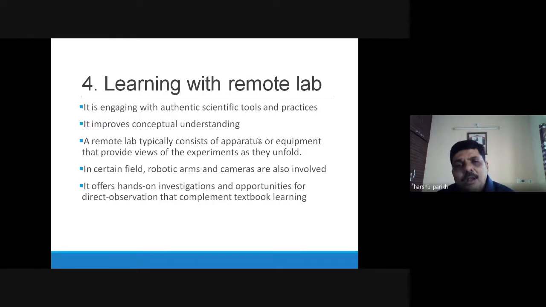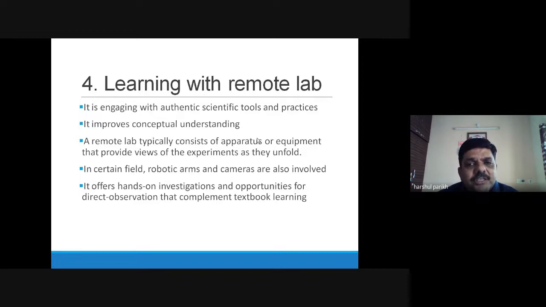Fourth is learning with a remote laboratory. We know that in a physical laboratory, students can perform experiments, right? They are engaged in doing practicals, but at certain times they don't get enough time to learn the concept, the basic principles of that experiment.